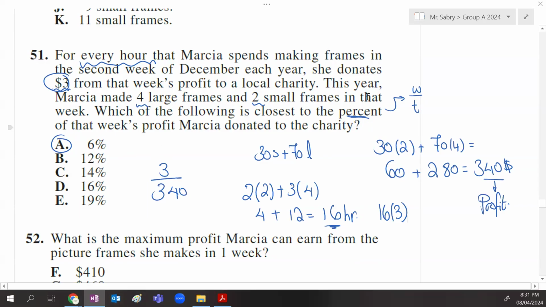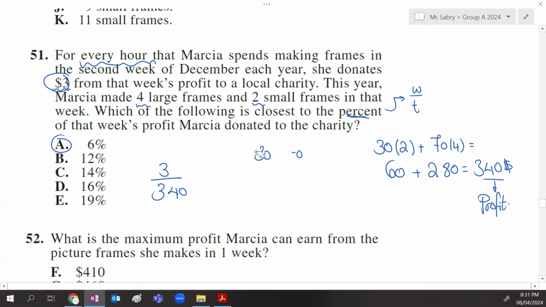Sorry, so let me organize that. We understood so far that her profit is supposed to be $340, and we stop there. As for the $3, she spends $3 for every hour she works on the frames. She's done 4 large frames, so we multiply 4 by 3 because she takes 3 hours for every large frame, plus 2 multiplied by 2 because she takes 2 hours for every small frame.